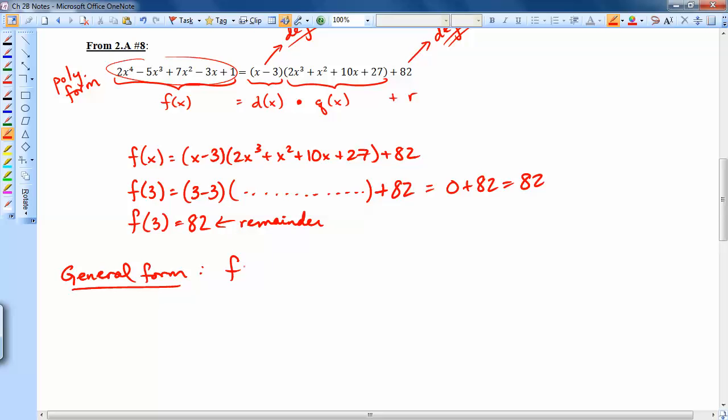So if I've got f of x equals d of x times, whoops, not g, q, quotient, plus the remainder. Okay, now I'm going to force d of x to be a linear term. So I'll write make linear with coefficient 1.